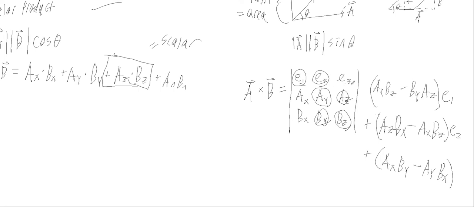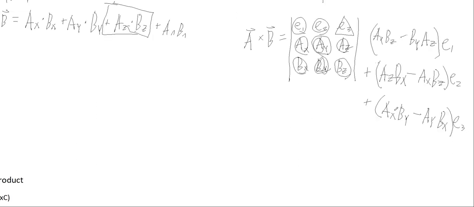So we were at E3 and we used AX and BY and AY and BX while we were under E3 here. So E3, and that is how you actually calculate the cross product using the components of our vector here.